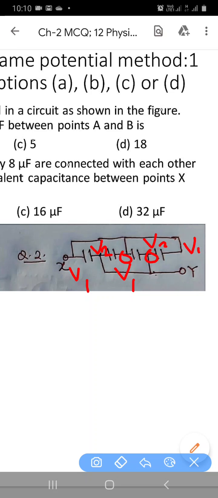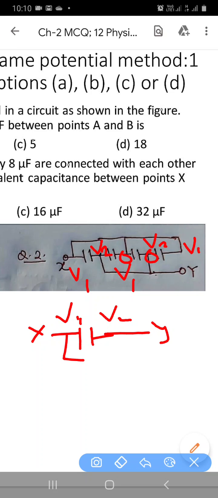So now X, V1 and V2, and V2 is connected with Y. So take here between V1 and V2, you see there are 4 capacitors connected in parallel between V1 and V2. So the potential difference is the same, so all will be in parallel.